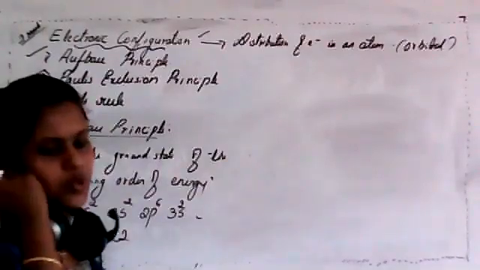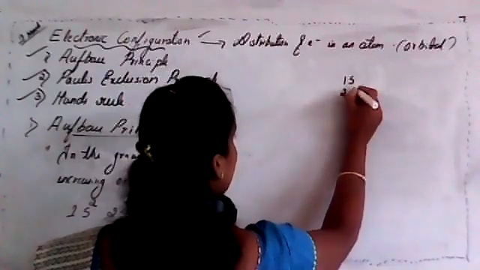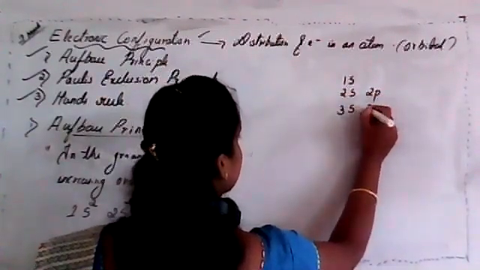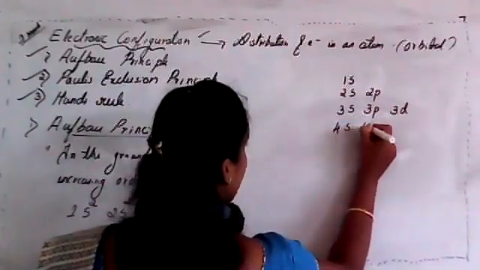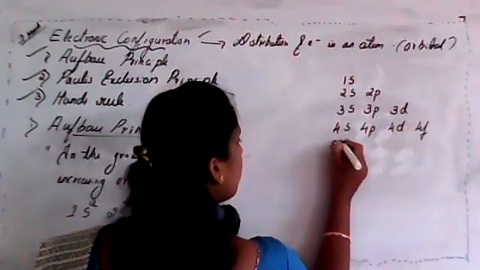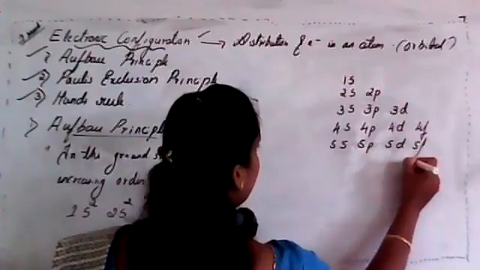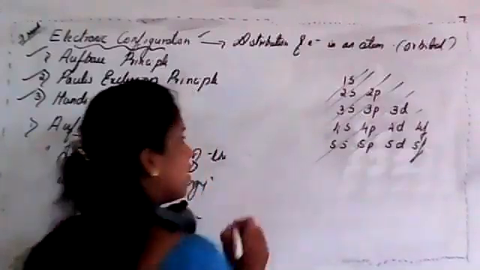Yes, we have to use commas, okay. So now 1s, 2s, 2p, 3s, 3p, 3d, 4s, 4p, 4d, 4f, 5s, 5p, 5d, 5f. So that means we have to take diagonals, isn't it?